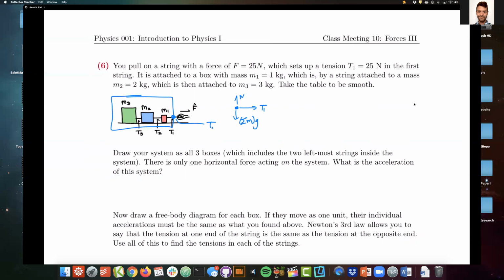So in this case, I could say that T1 equals the mass of the system, m1 plus m2 plus m3, times the resulting acceleration of the system, box 1, 2, 3 as a whole. I give you T1, I give you all the masses, you can figure out the acceleration of the entire thing as a whole, if you wanted to.